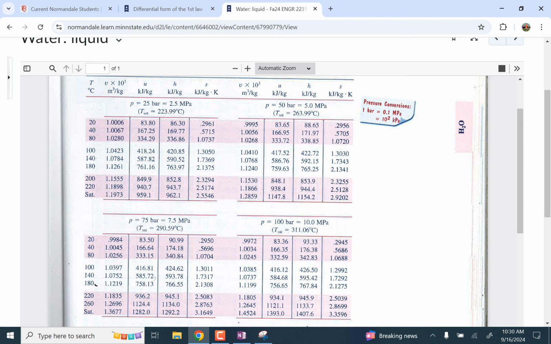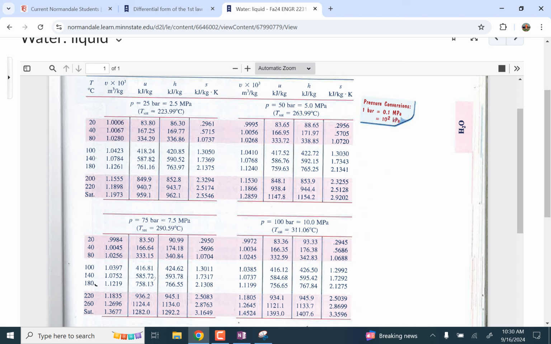Obviously it's a much smaller table because it takes up a lot of space. If your liquid is at 50 bar, you'd go to the table for 50 bar, and then go down to whatever temperature you want, 200 degrees Celsius, and these are the values.